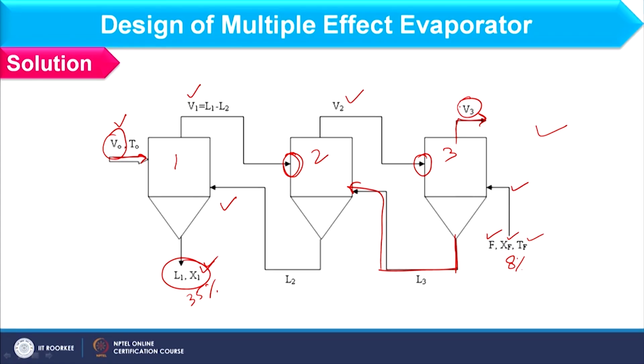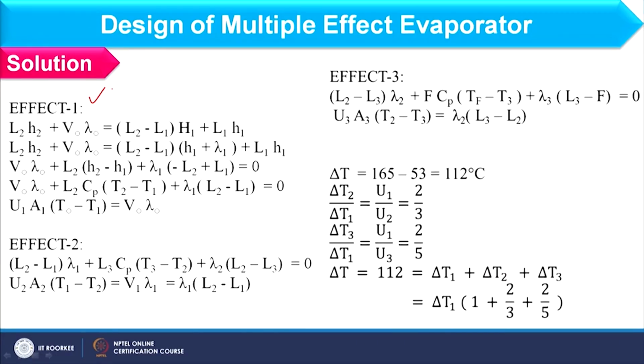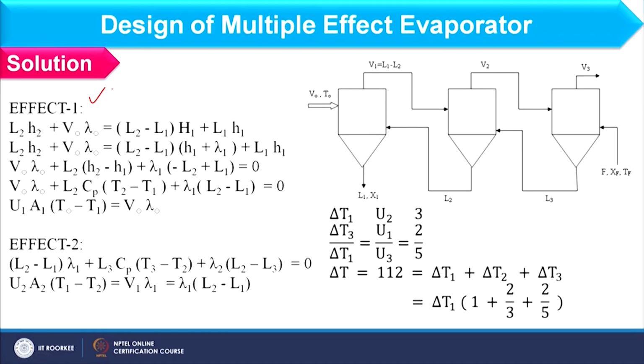The first step will be to derive the governing equations, because whatever equations we derived in previous lectures are basically for the forward sequence. And as the sequence changes, these governing equations will also change. So, let us derive the equations first. Let me first focus on effect 1, and this is the schematic of it.